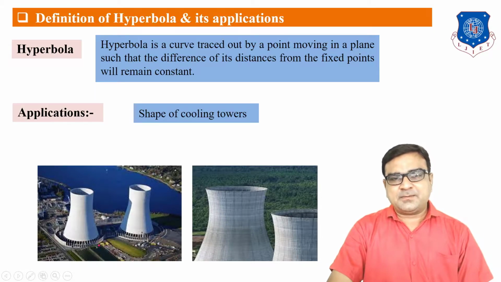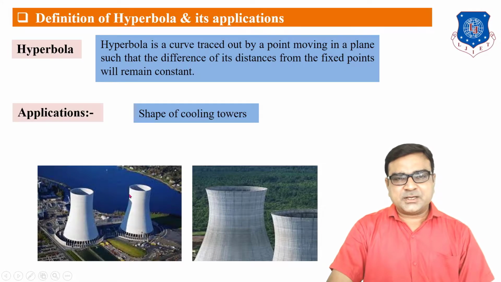For that purpose, the hyperbola construction is designed in such a way that there is a creation of draft to create the pressure difference. So here the shape of the cooling tower is a hyperbola.